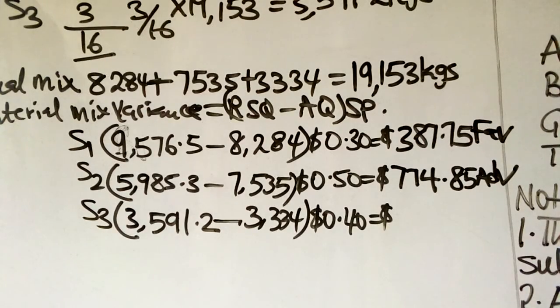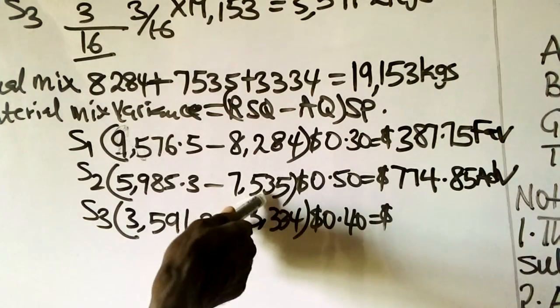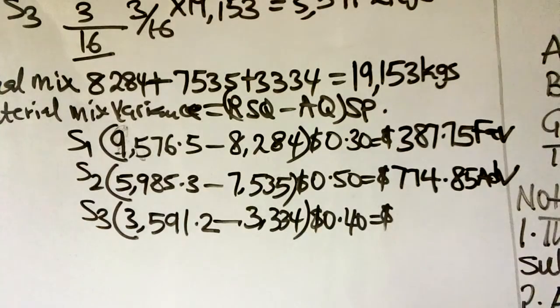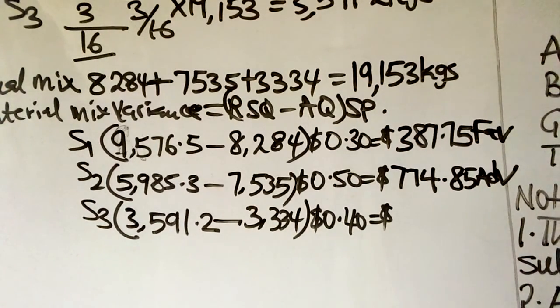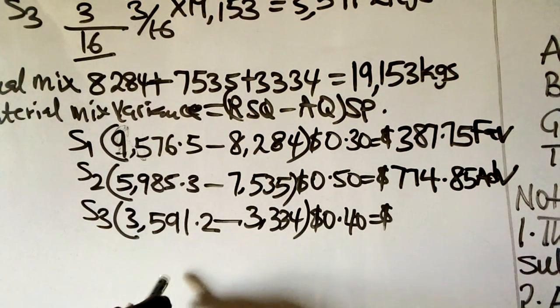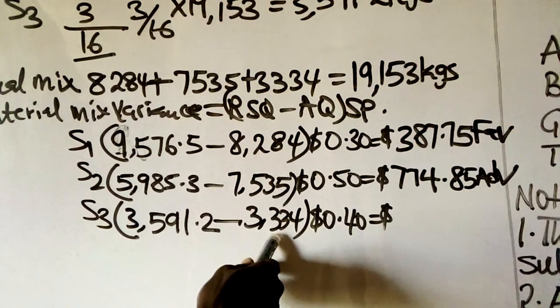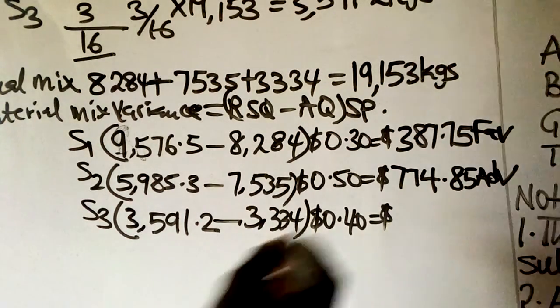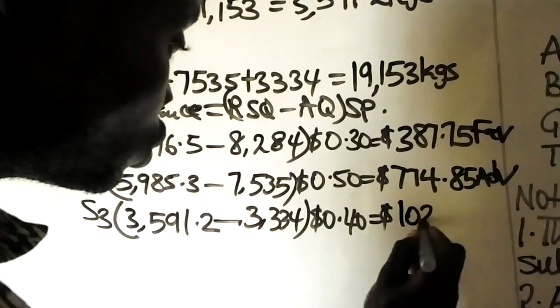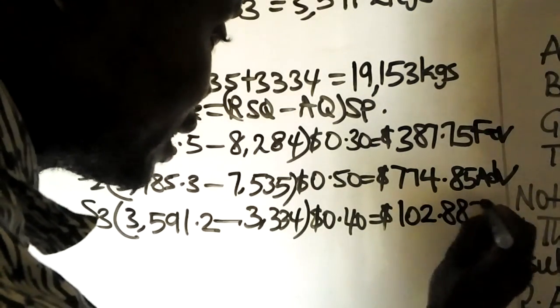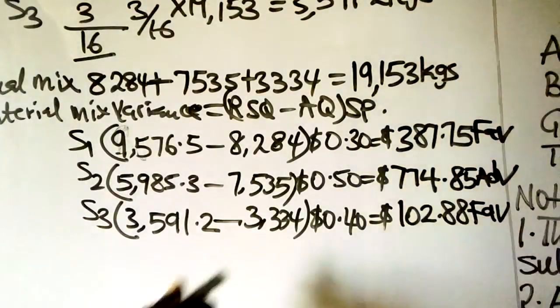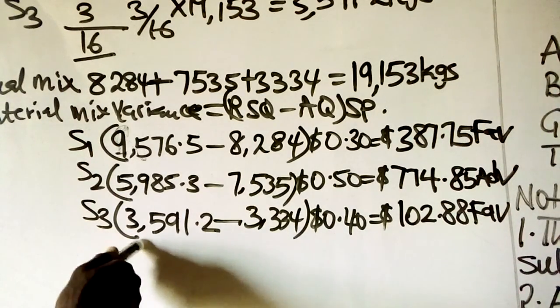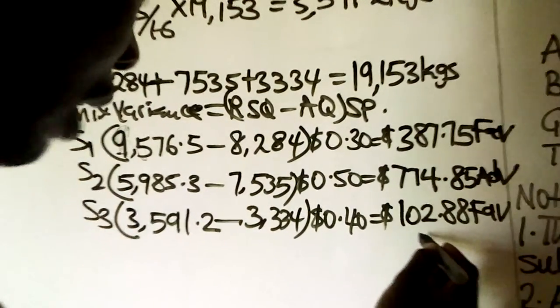It is an adverse variance because the actual quantity used is more than the standard. Then 3,591.2 minus 3,334. Then if you multiply the result by 0.4, you have 102.88. That is favorable because the actual quantity used is less than standard. So it is a favorable variance.